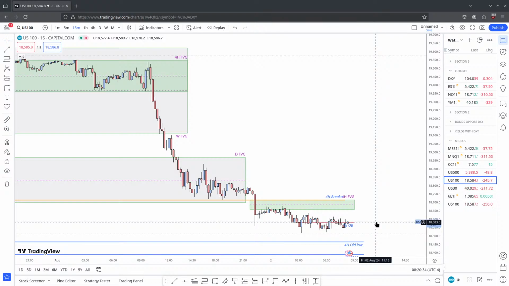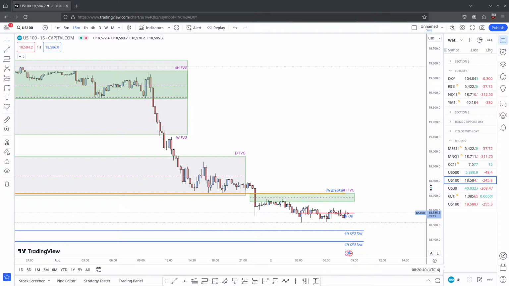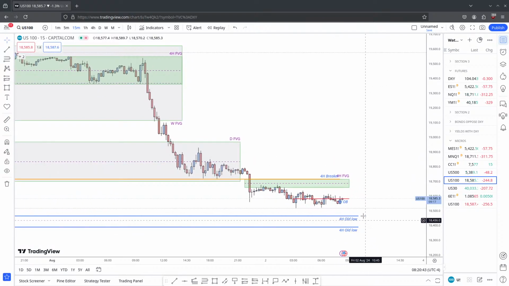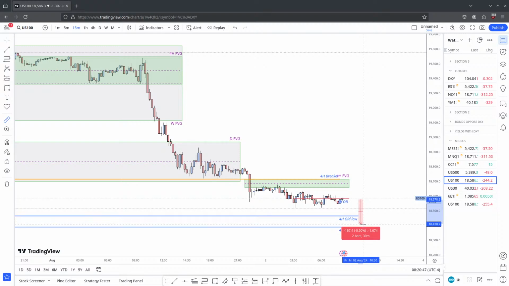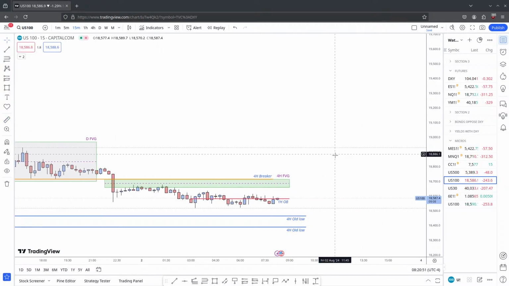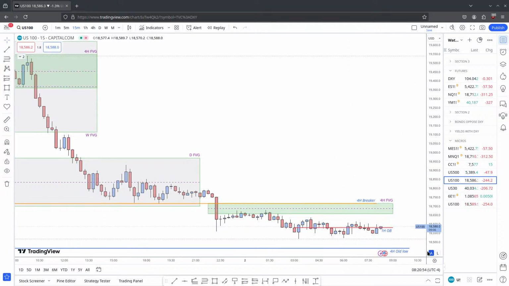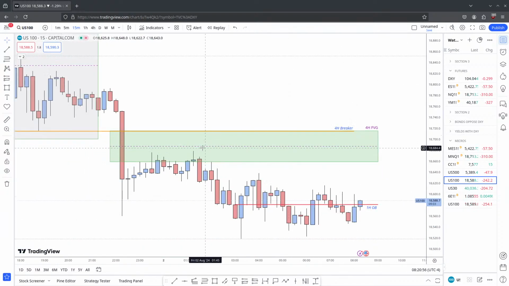And coupling that with NFP, coupling that with the fact that we have equal lows in very close proximity here, not very far away. So we've got equal lows below us, we have equal highs here above us, equal lows over here. So we are sitting inside of a range.